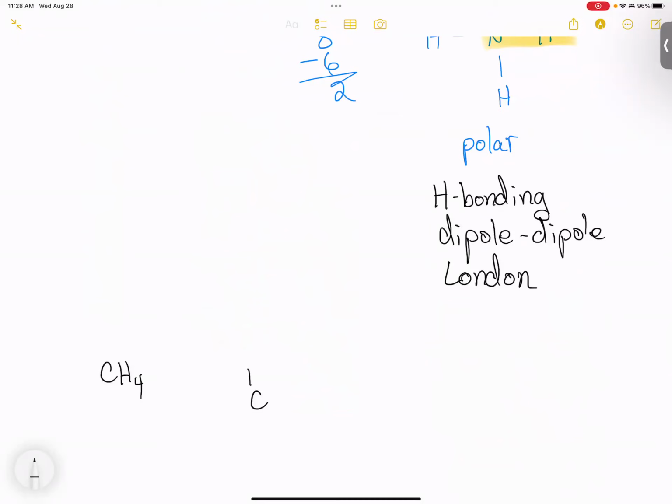With CH4, not only is it a hydrocarbon, but it is tetrahedral, and there are no lone pairs on the central atom. So this one is London dispersion only. If there are no lone pairs on the central atom and all of the outer atoms are identical, it is non-polar.